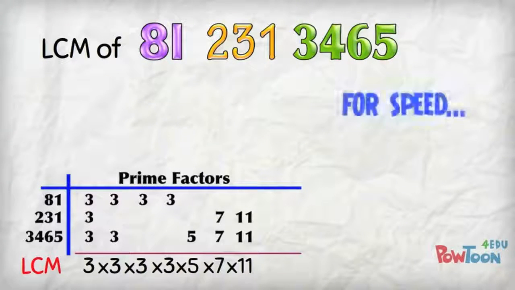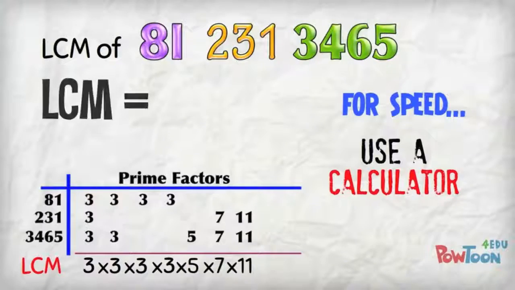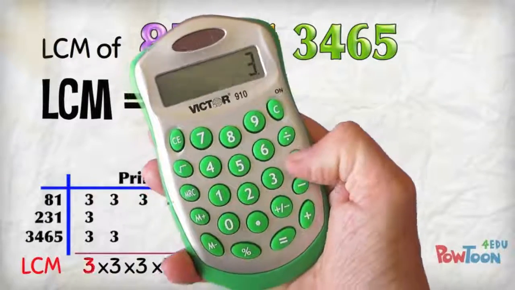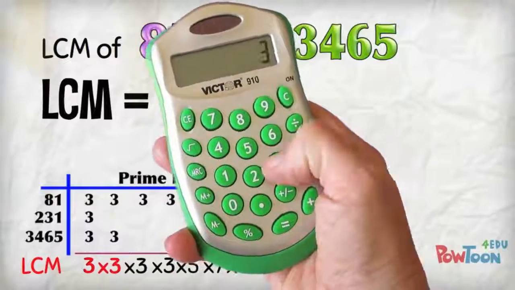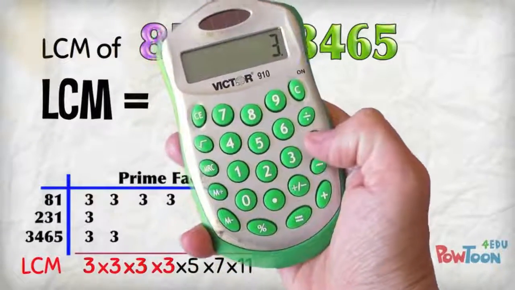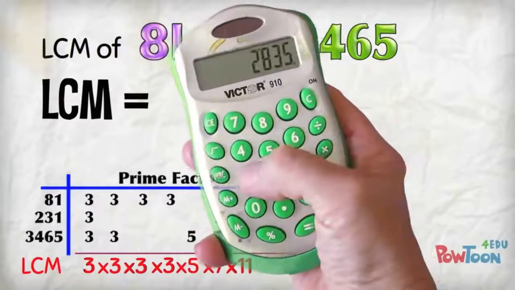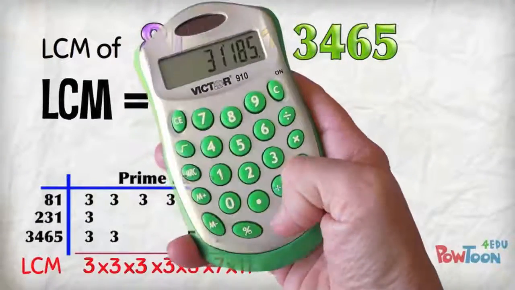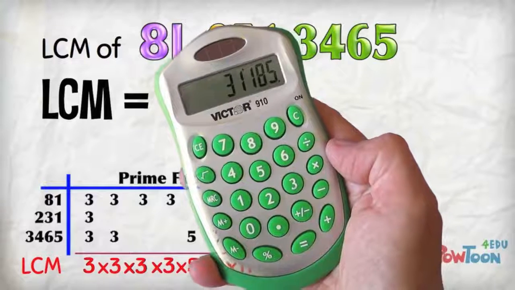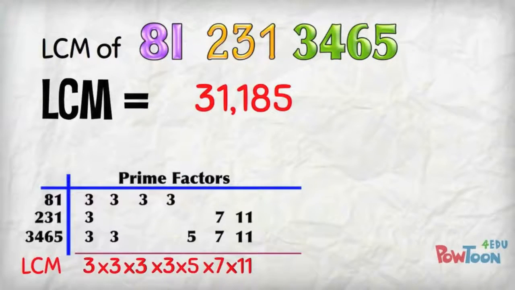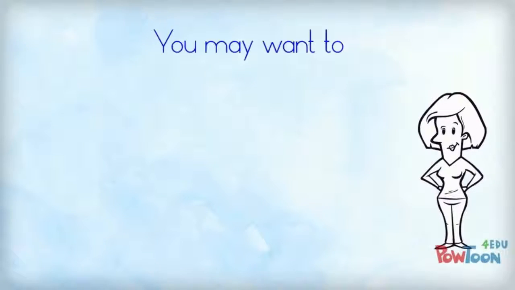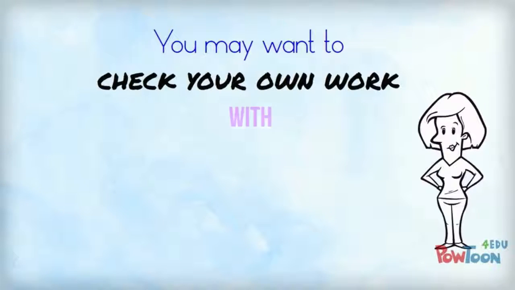And for speed, like you'll be doing, I'll use a calculator to get that LCM. 3 times 3 times 3 times 3 times 5 times 7 times 11. The LCM is 31,185.